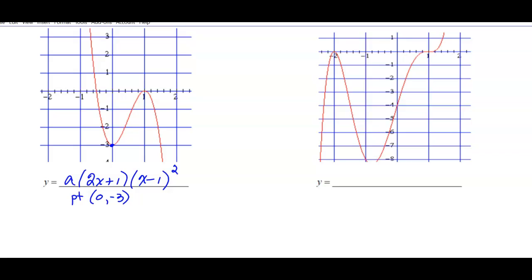Okay, so there's not a whole lot of space, but enough. So -3 in for y, 0 in for x. We'll get those terms to be 0. So that's going to be 1 times negative 1 squared. That's going to be 1.